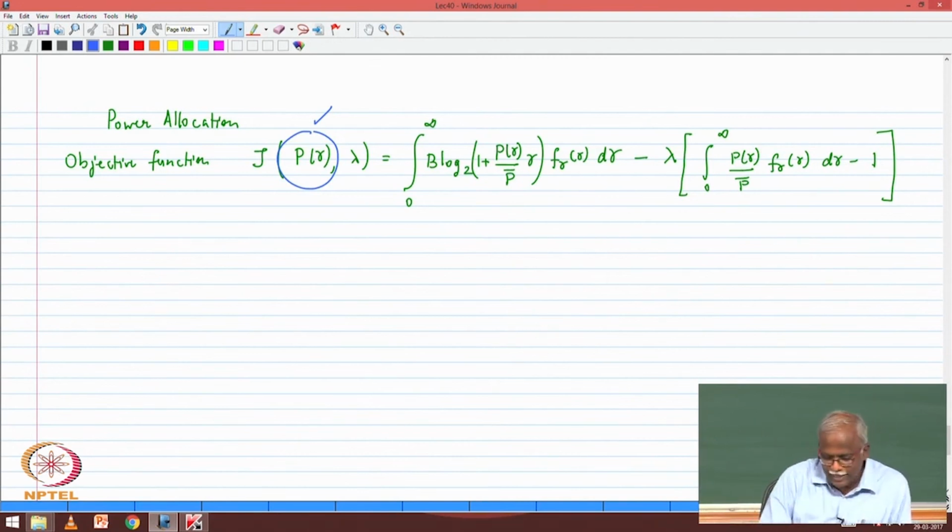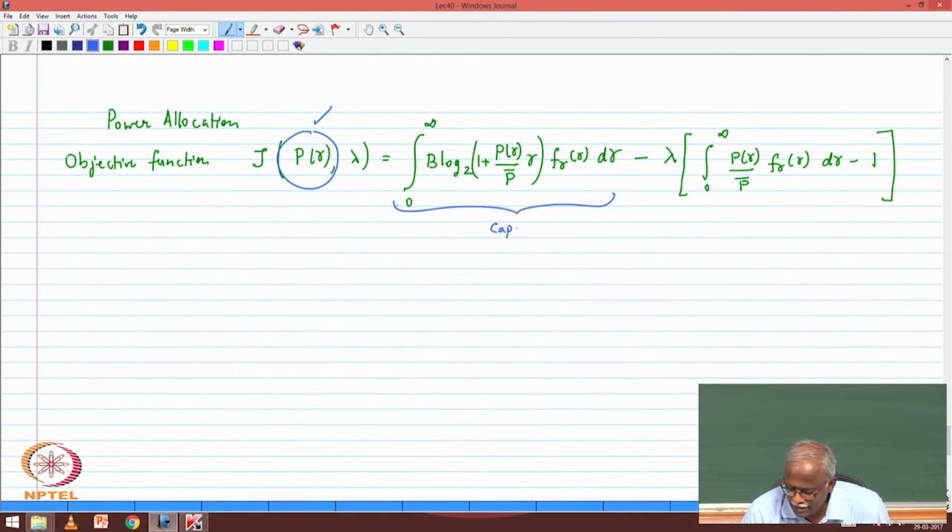It is a permissible method, and it actually gives us a very good insight into the technique that we are trying to use. So the objective function is for us to maximize capacity. This is the capacity part. I want to maximize the capacity. This is the power constraint, the average power constraint. Okay, it's a constrained optimization.